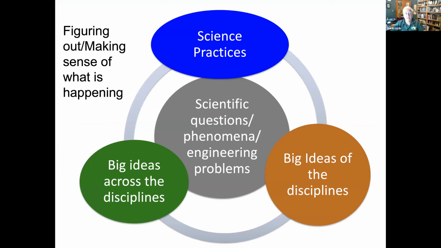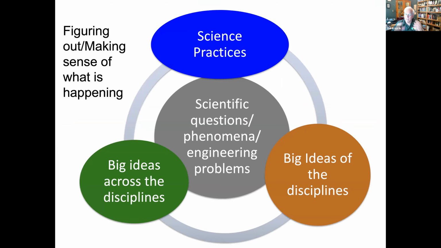Sort of another visualization to help us see what's going on in the figuring out, making sense using the 3 dimensions. So in the center, it's what all science is driven by. It's asking questions, experiencing a phenomena, or experiencing a problem.